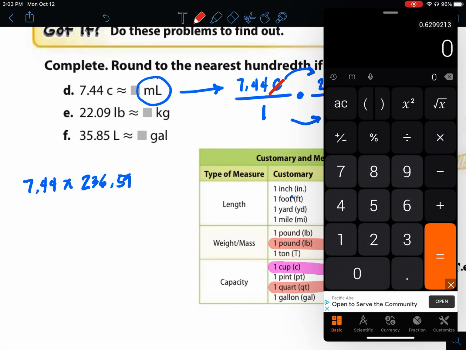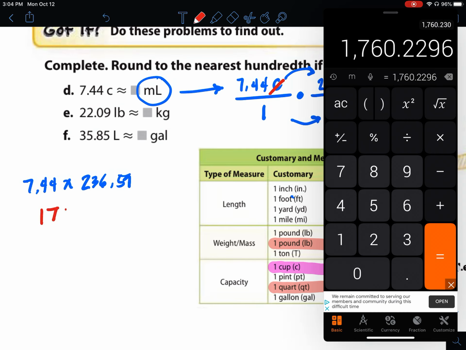There we go. So if I clear this and I get 7.44, and I multiply that by 236.59, I end up with that answer, 1,760.2296, and so on and so forth.